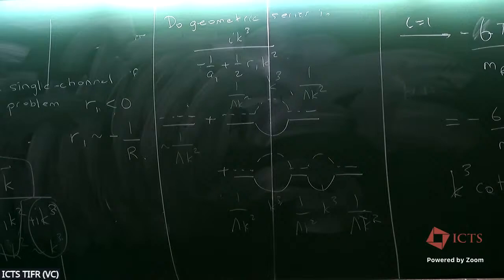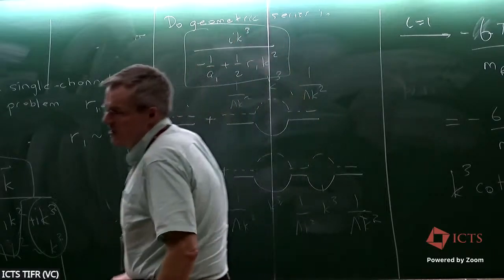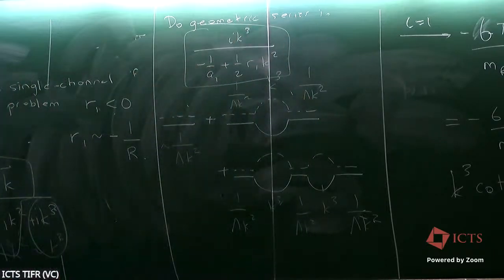Now, there is one kinematic regime that's an exception to this. When can't I make this geometric series? What would have to happen to the denominator for that to become a silly thing to do?